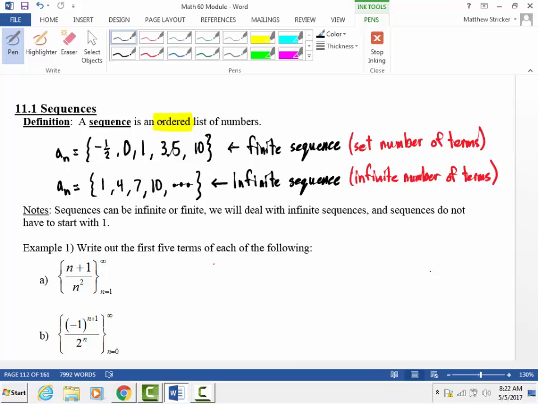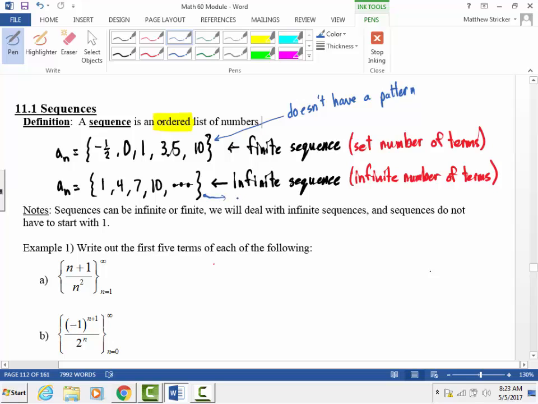So we could even come up with formulas for sequences. This one doesn't have a pattern. But this one, we could come up with a pattern for.